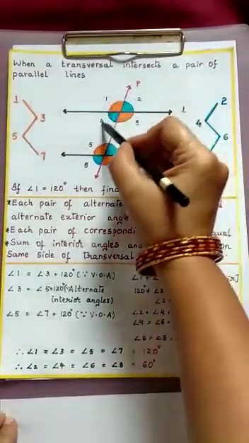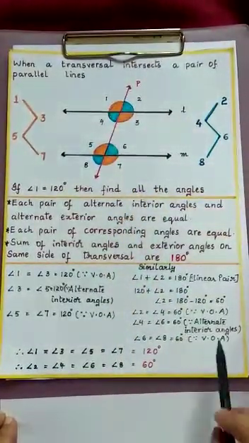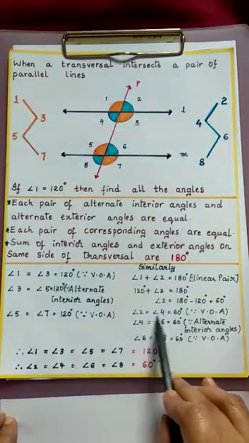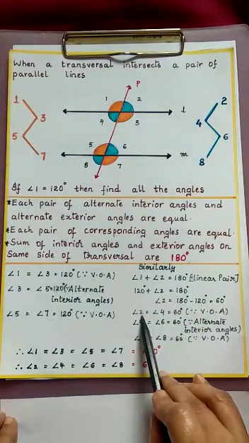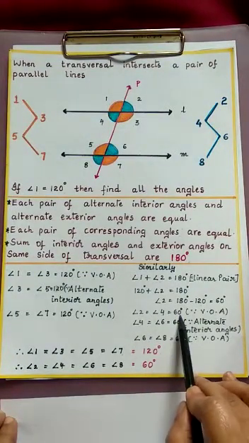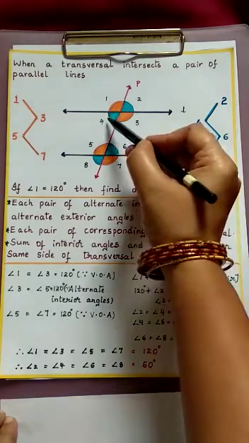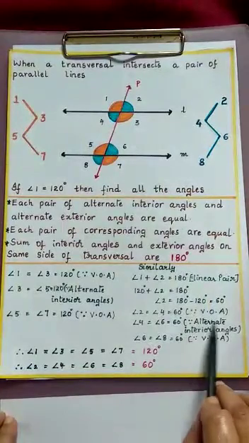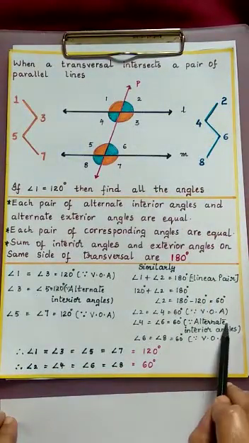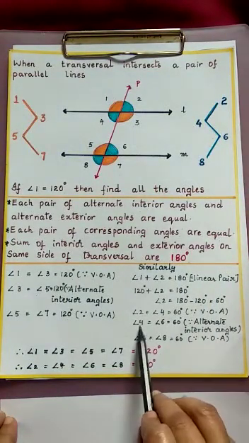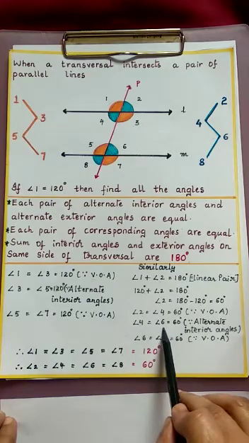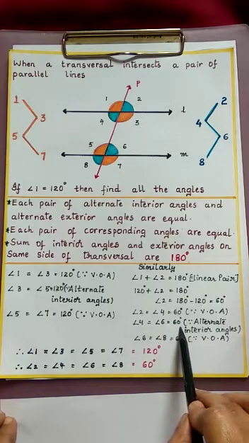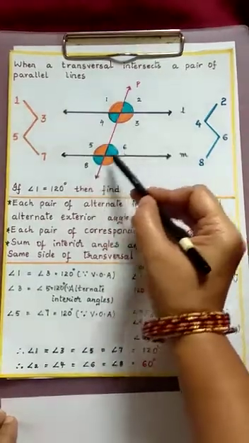Now angle 2 and angle 4 are vertically opposite angles, so they are equal. So angle 2 is equal to angle 4, equal to 60 degrees. Now angle 4 and angle 6. What kind of angles? Alternate interior angles. Since they are alternate interior angles, they are equal. So angle 4 is equal to angle 6, equal to 60 degrees. Now again angle 6 and angle 8.